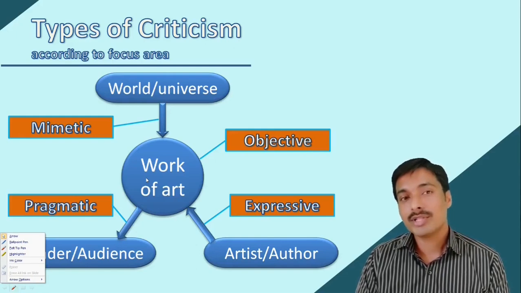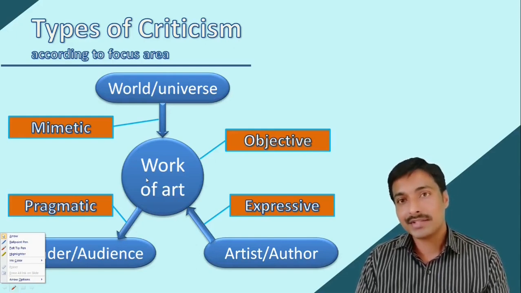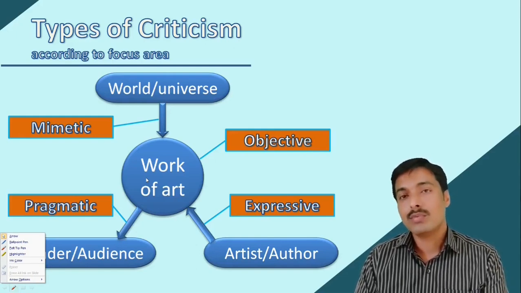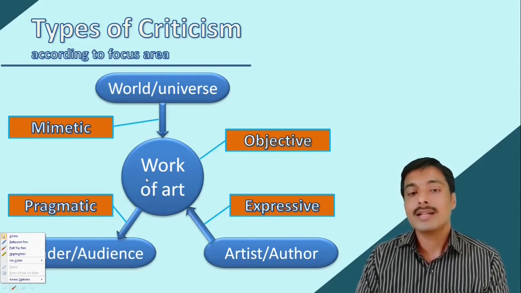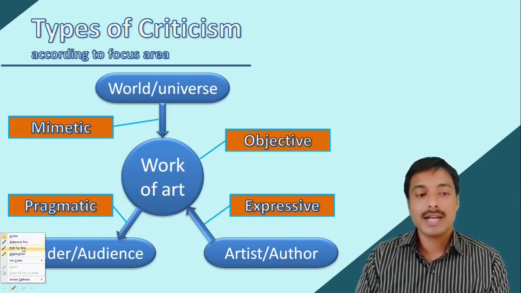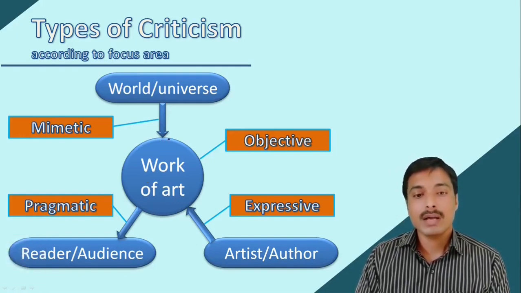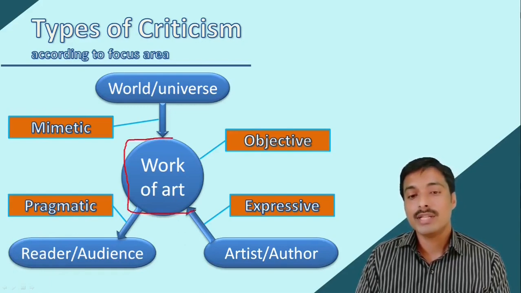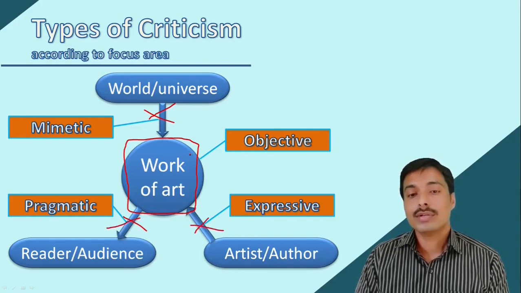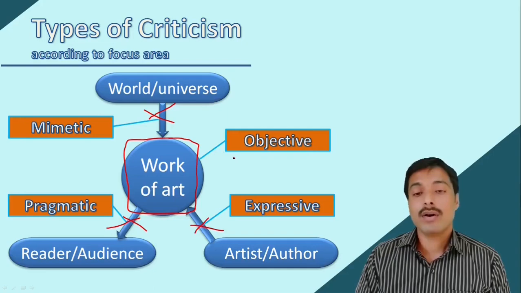Art cannot be judged from any extrinsic criteria. A work of art is independent and it exists for itself. So that kind of criticism can be said to be delimiting its area to work of art, avoiding any external reference. So this particular kind of criticism is called objective criticism.